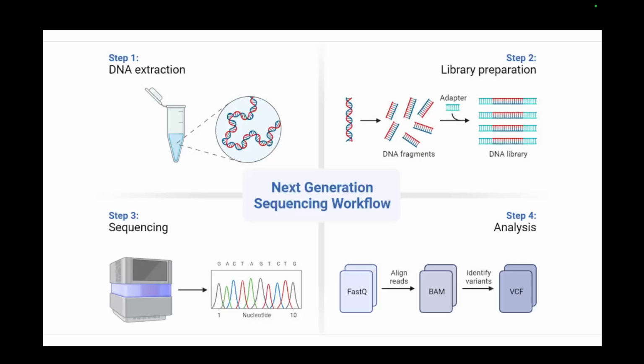So both are important. Sequencing technologies need to get better, and also the algorithms and computation for analyzing this data need to get better. So yeah, this is the general workflow. Today we are mostly talking about sequencing. In the further classes, we'll talk about the analysis part.